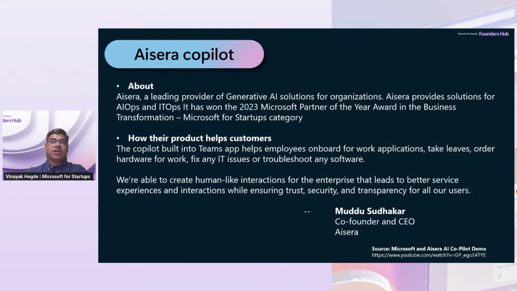For example, if they want to order a laptop, it will give a list of laptops. You can select one, and then it will send it for approval, and once the approval is done, it will actually go and order that for you. So that is what is so interesting about this Icera Copilot.